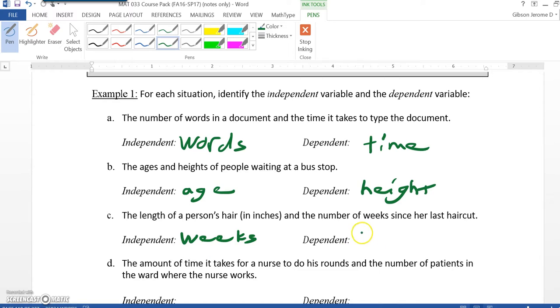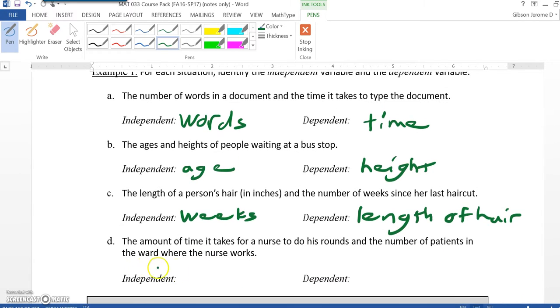Dependent is the length of hair. So we come to D, the amount of time it takes for a nurse to do his rounds and the number of patients in the ward where the nurse works. So the independent would be the number of patients, and the dependent would be the time.